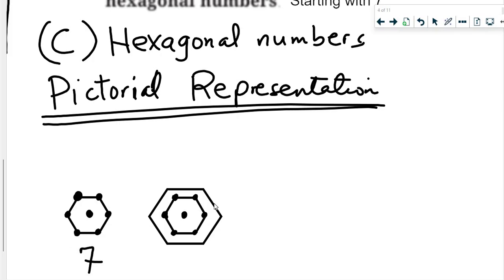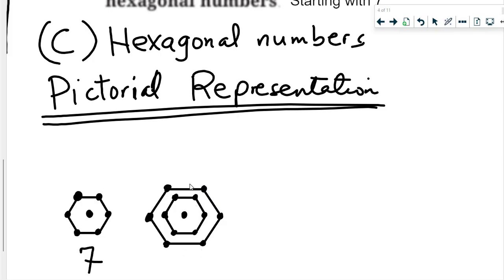Now, to go to the next hexagon, which is outside, at this corner, you keep 1 dot at the corner. Once you finish putting 1 dot at each corner, then you do 1 dot at the middle of each side, halfway.